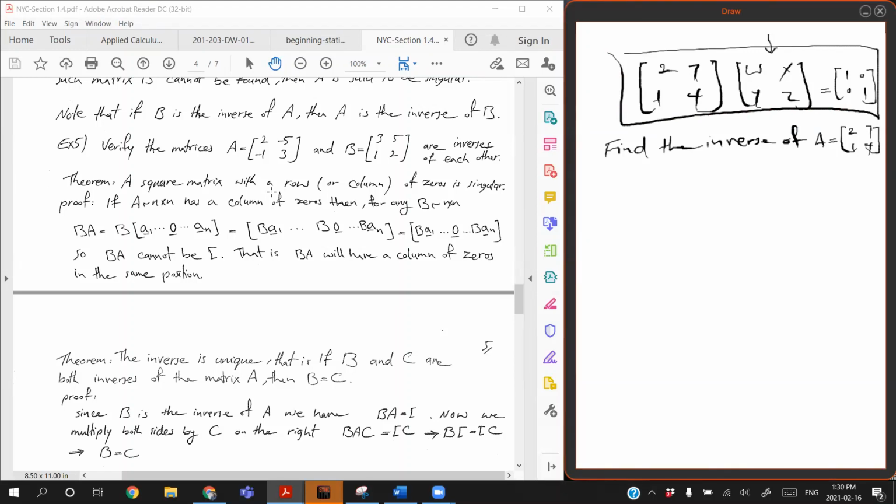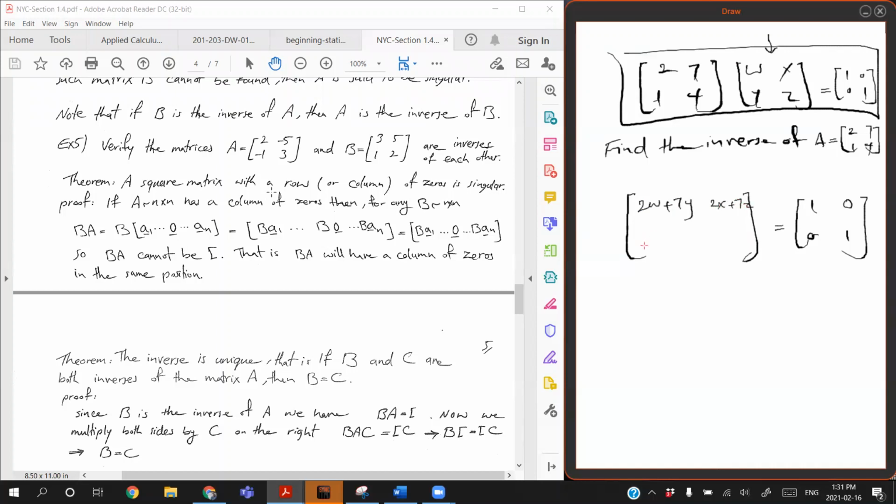But this matrix equation can be written like a linear system. It's like this. There are 4 entries. This entry here is going to be 2w plus 7y. The next entry is going to be 2x plus 7z.